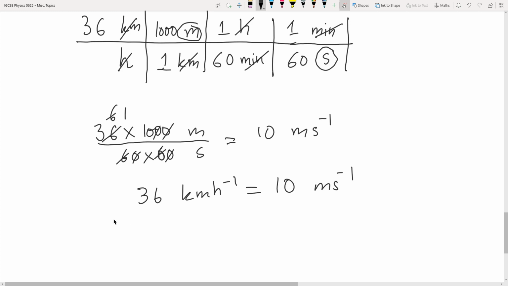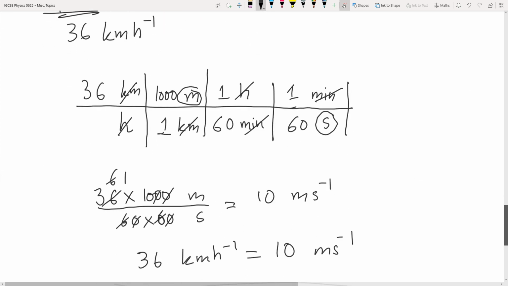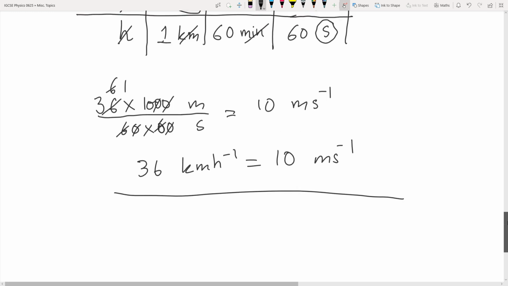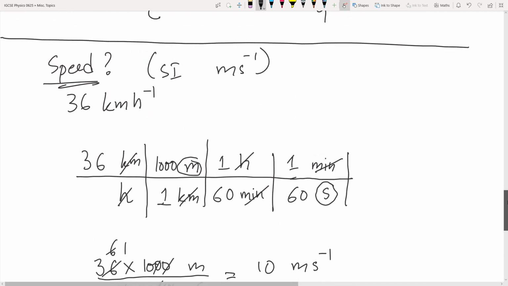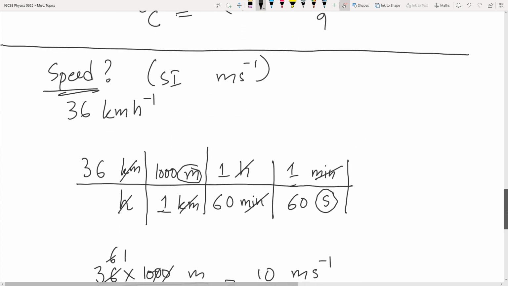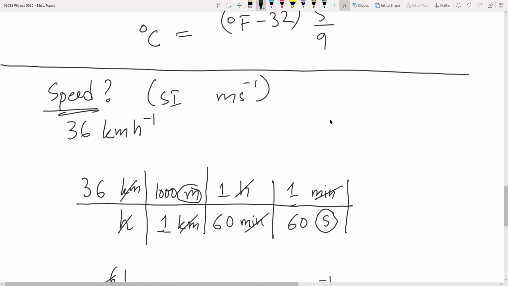And this is how I do complex problems in terms of derived units. I just gave you one example. You can convert others as well, let's say acceleration, but mostly acceleration is given in meter per second squared. The most troubling unit is actually speed, which is given in kilometer per hour or centimeters per second.